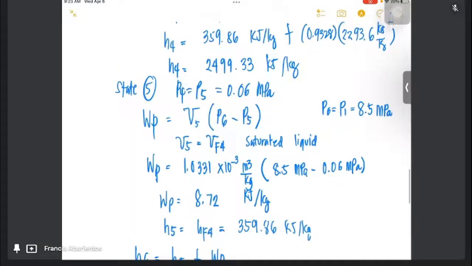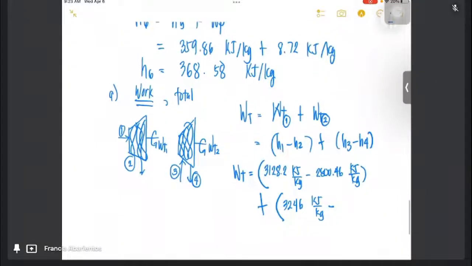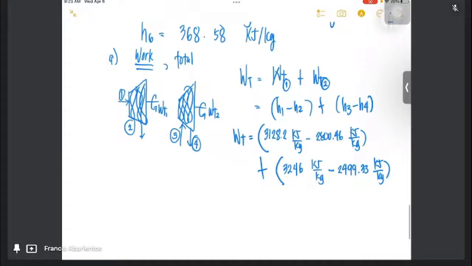That is 2499. So what is now the total work done by the system? I mean, this is just the work of the turbine, class.